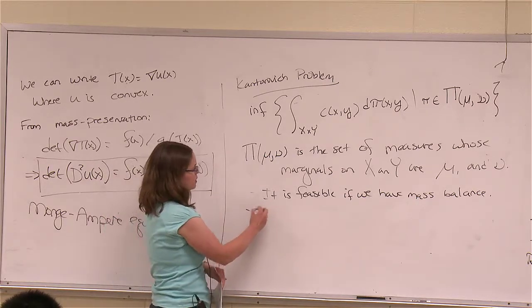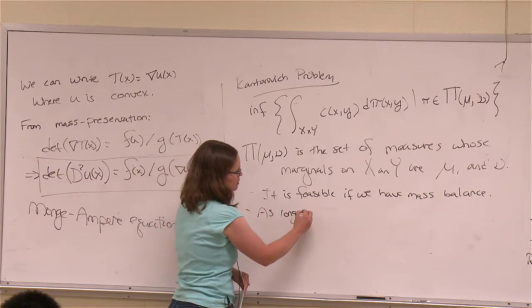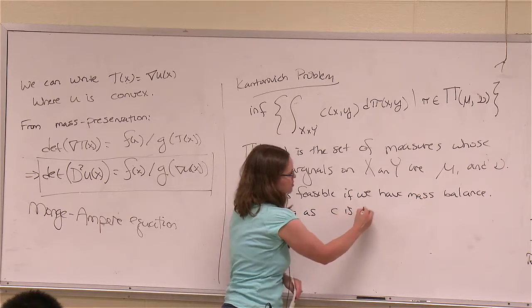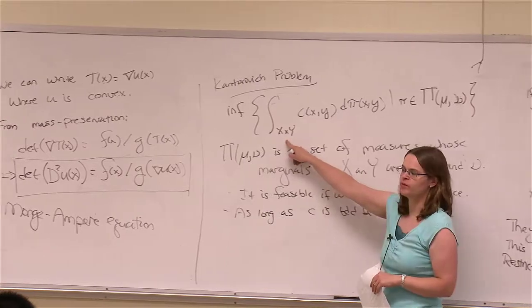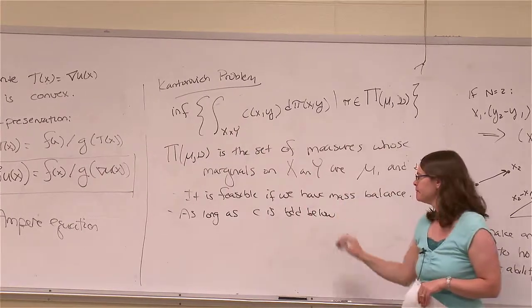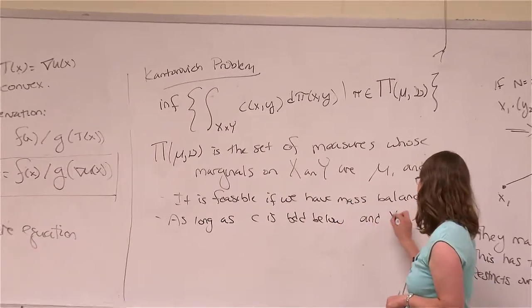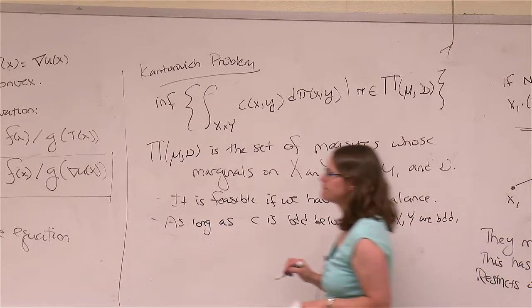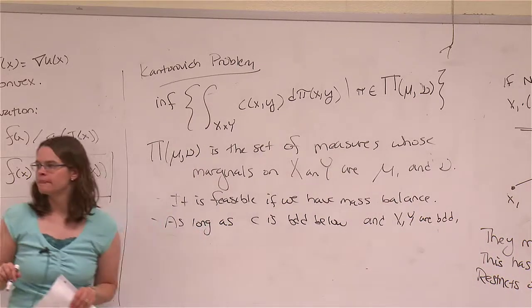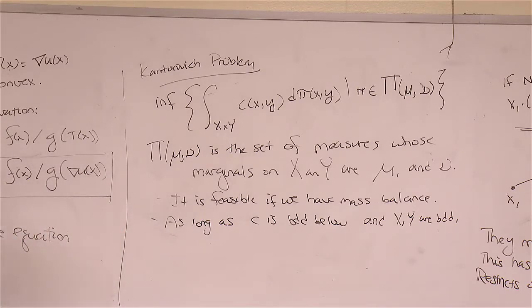So as long as, say, C is bounded below, and maybe we should assume that the space that we're integrating over is bounded. It's okay if the measure is bounded, sure.